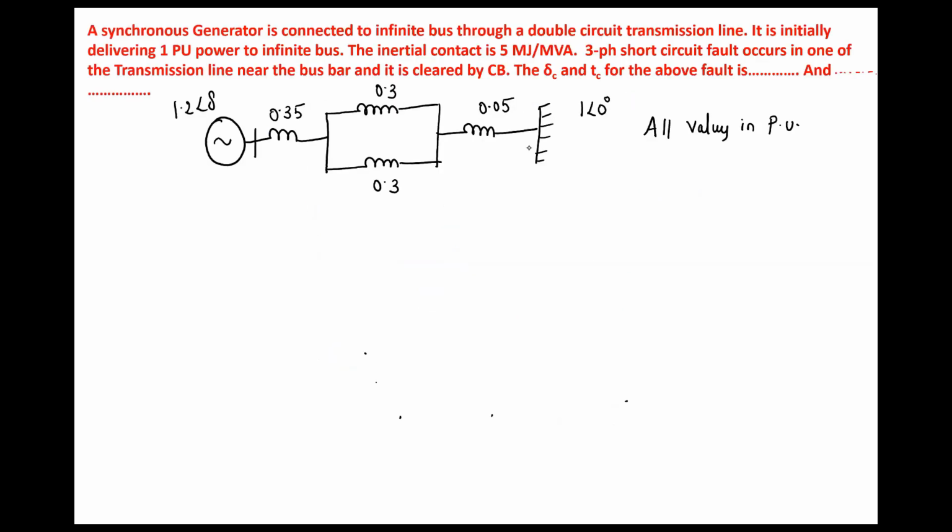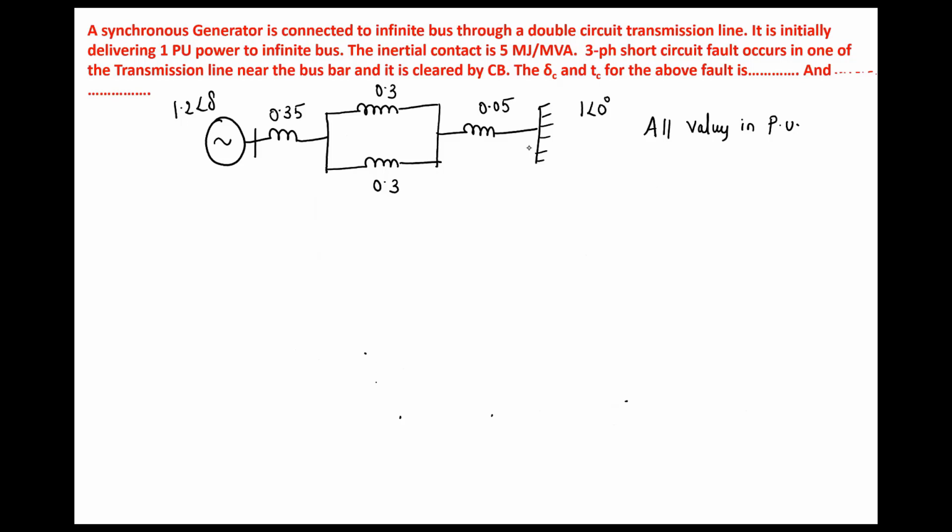So let us take a simple question. A synchronous generator is connected to infinite bus bar through a double circuit transmission line as shown in the figure. It is initially delivering 1 per unit power to infinite bus bar. The inertia constant is 5 megajoules per MVA.